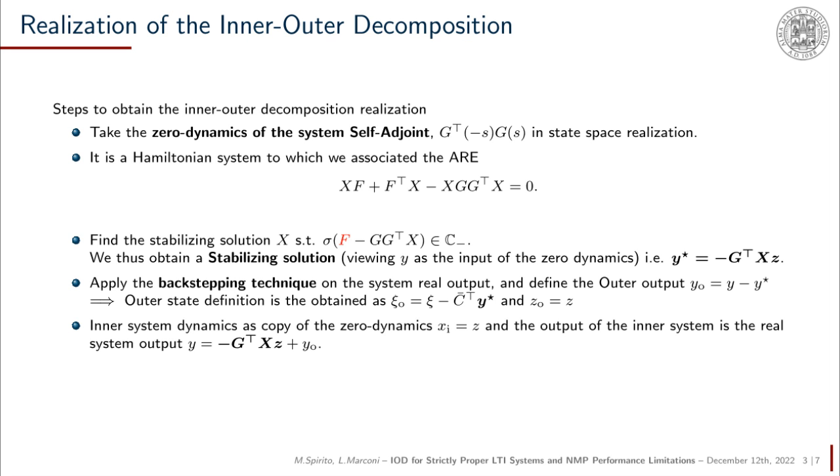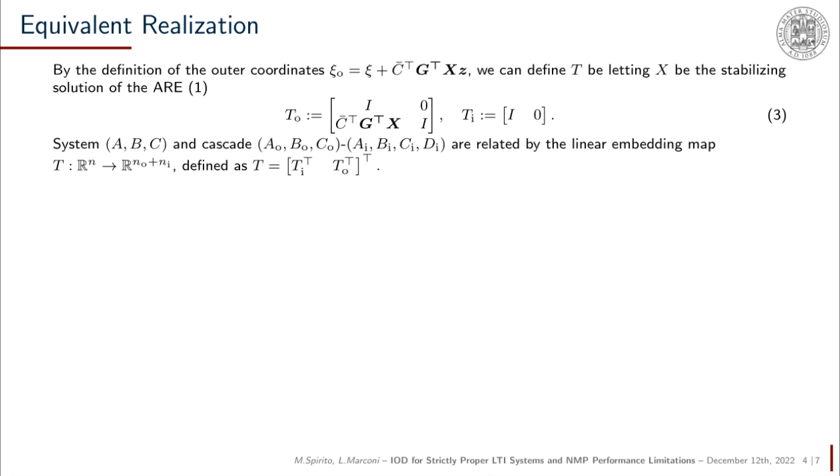and the output of such dynamics becomes the real system output. Thus, by the definition of the outer coordinates xi o and z, we can define a map from the initial plant state to the inner-outer decomposition.